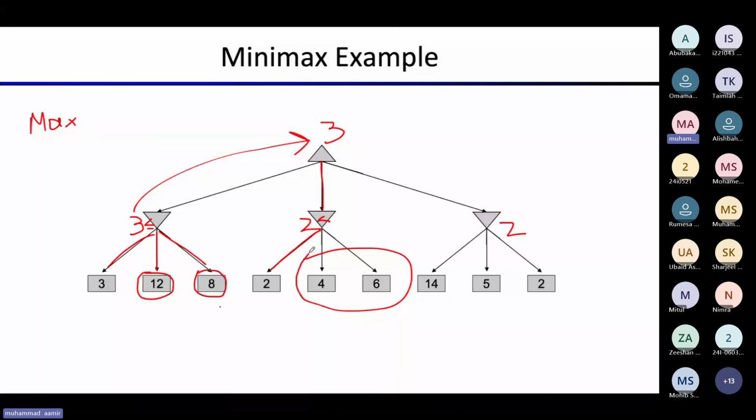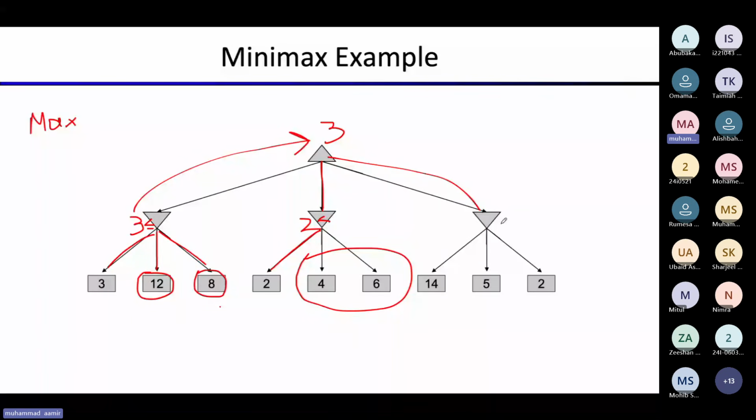The same way, when we come to this branch, max will say, okay, what value can I get from this branch? First of all, min will take 14.